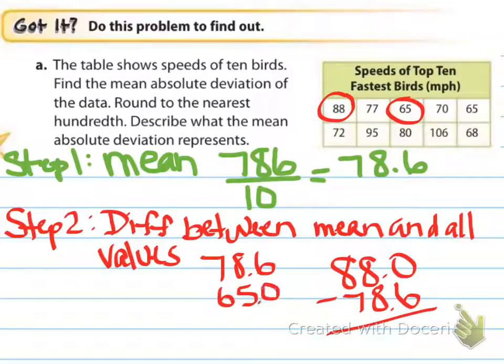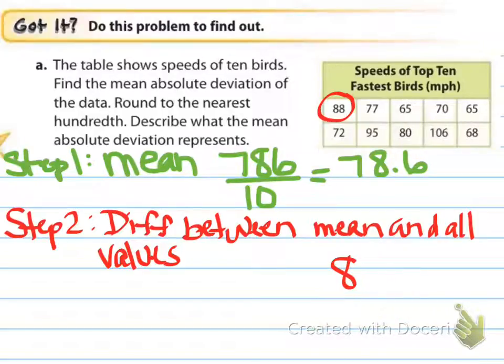It just depends. Whatever the bigger number is goes on top, whether it's the mean or the 88 or the mean and the 65. So we're going to do that for every single one. If you'd like to try that on your own, you may. If not, I'm going to show you those in just a moment.